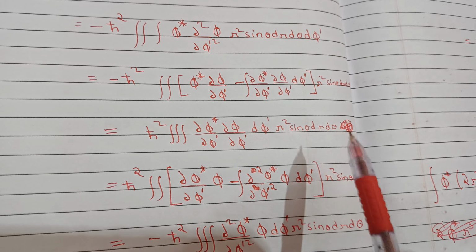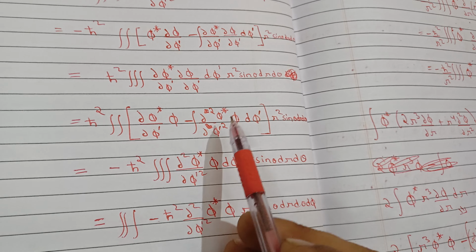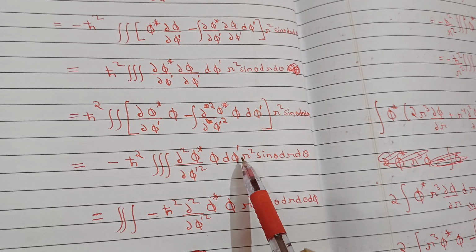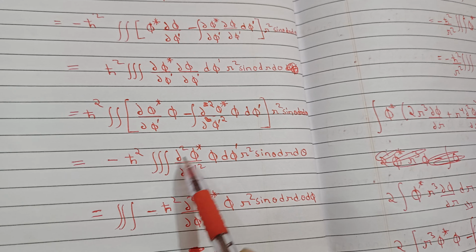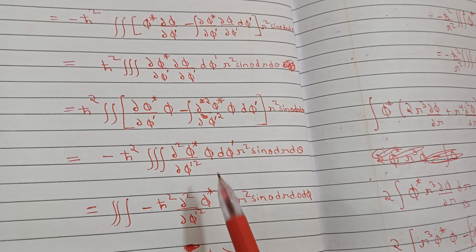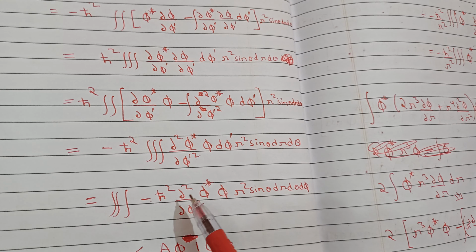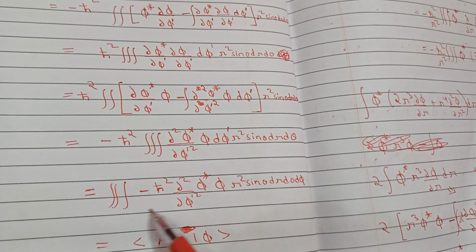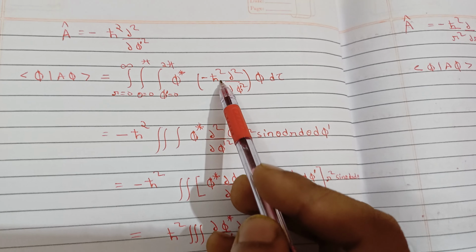Now this term will be cancelled out and you will get this minus h squared. We already solved this kind of question, so you must know how we are solving. We are just changing the differential to the phi star from the phi. Okay, so now this phi is separated from this partial differentiation, and it is the phi star terms. So now you can write this minus inside, so minus h squared, and this is again the same operator A which we used inside.